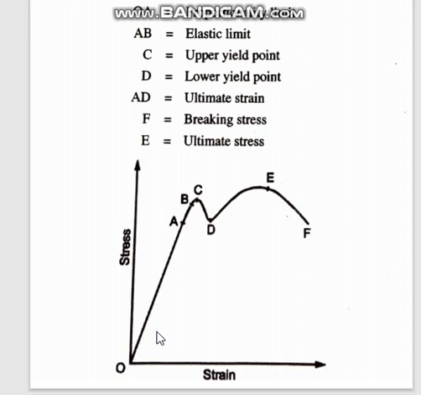When it is pulled, it is connected to a computer. On the computer, a plot will be plotted. So that plot looks like this. This is the result of one specimen. With one specimen you can get the entire chart.